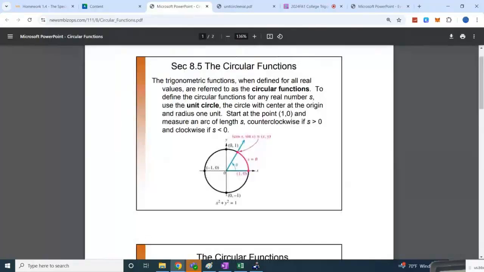And we'll just take a look at the first couple of slides, and this is called circular functions, and it says the trigonometric functions when defined for all real values are referred to as circular functions. To define the circular functions for any real number s, use the unit circle. The unit circle is a circle that has a radius of 1.